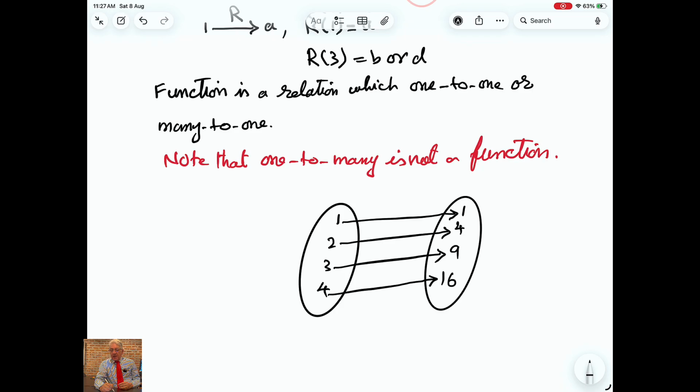This is a one-to-one function. That means every element of domain is mapped to only one element of range. Therefore, there is a one-to-one correspondence. Every element here has got one image there, and that image is especially for that element of domain. If this is domain, and this is the range, and this is our function, suppose f.